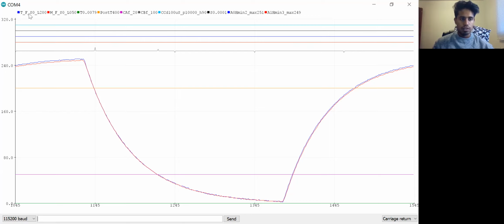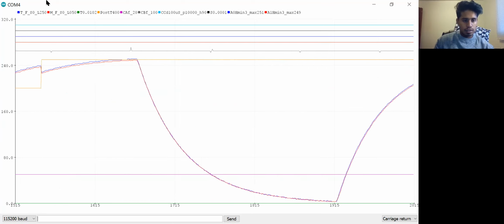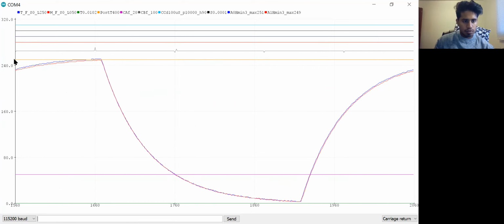So let me use the trigger function. I can use TL at 250 to get a voltage reading of 4.9. And you can see the yellow line just jumped up to about exactly 250, which is what I wanted.